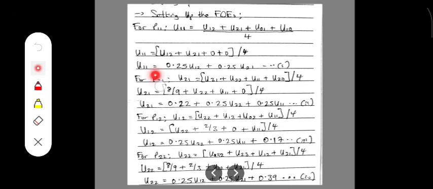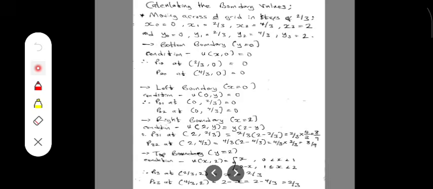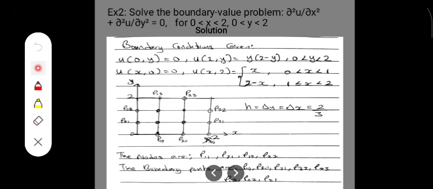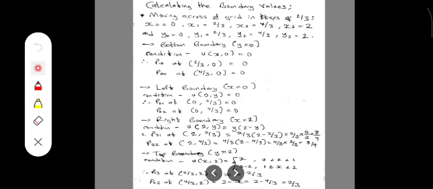Now u11 will be equal to, when we divide all by 4, 0.25 multiplied by u12, which is also another node, plus 0.25 multiplied by u21, another node, while the boundary points u01 and u10 are equal to 0. Yeah, u10 and u20 are equal to 0.